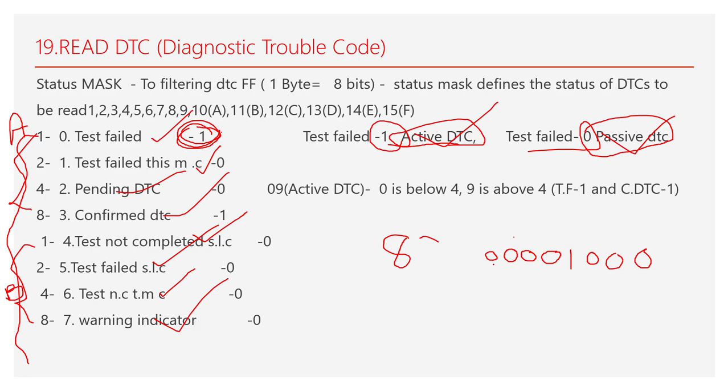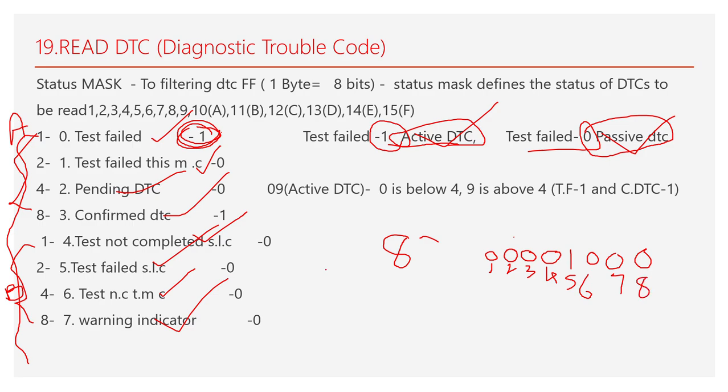See, this is the test field bit, the TF bit, first bit. This is the second bit, this is the third bit, this is the fourth bit, this is the fifth bit, this is the sixth bit, this is the seventh bit, and this is the eighth bit.